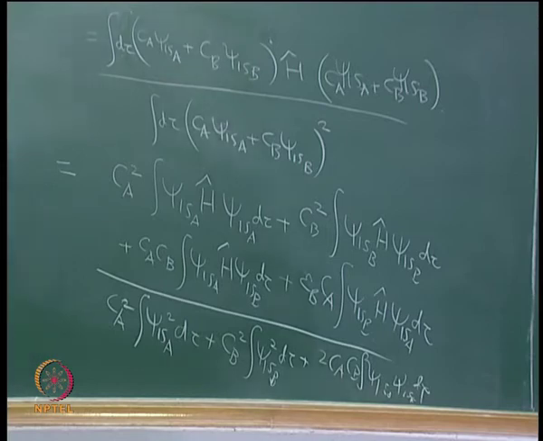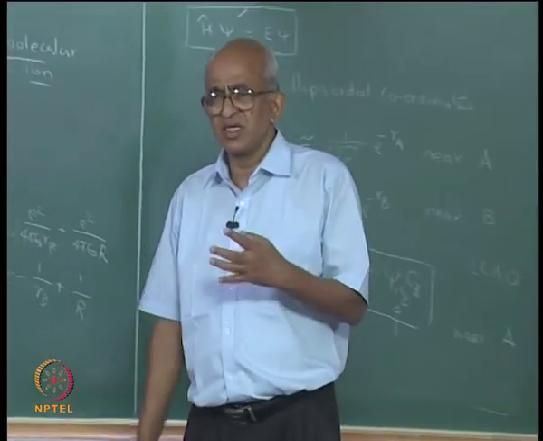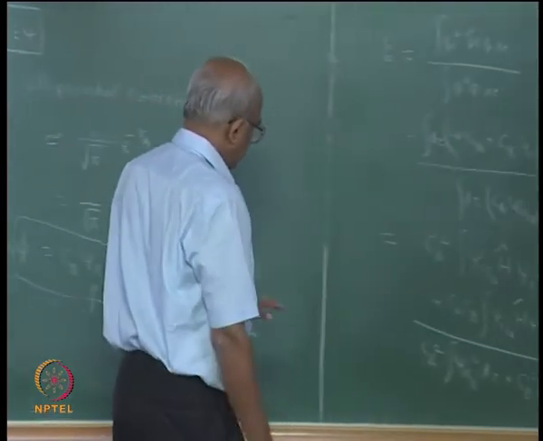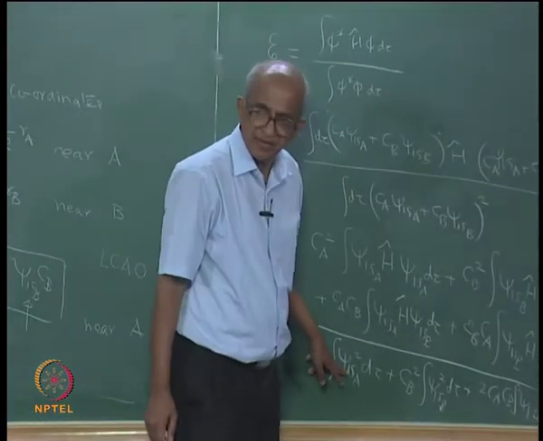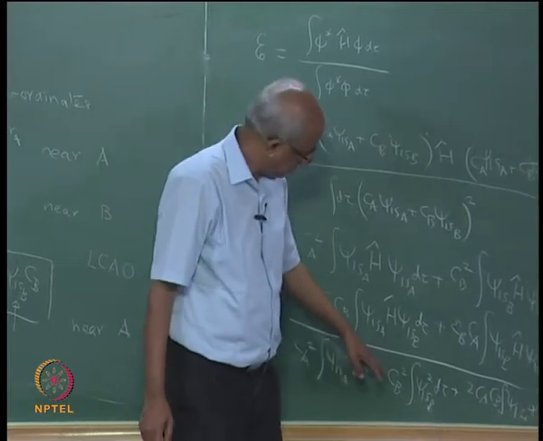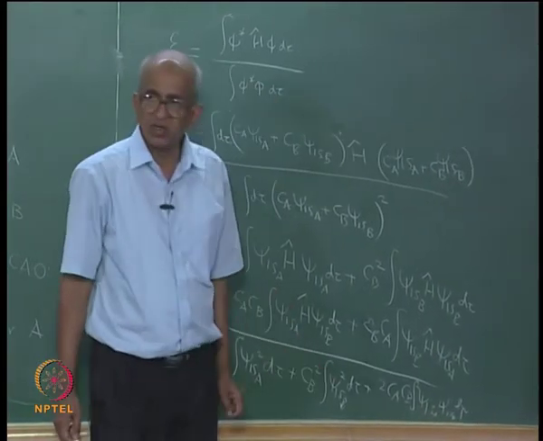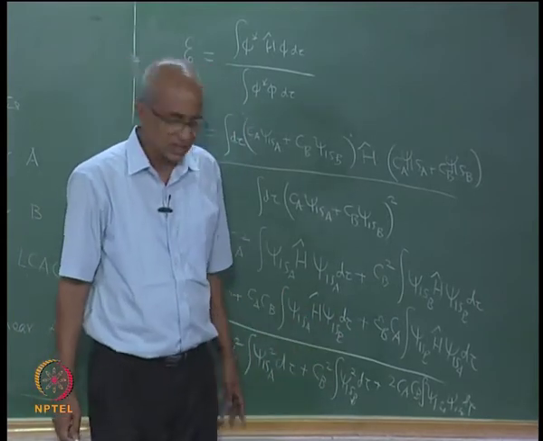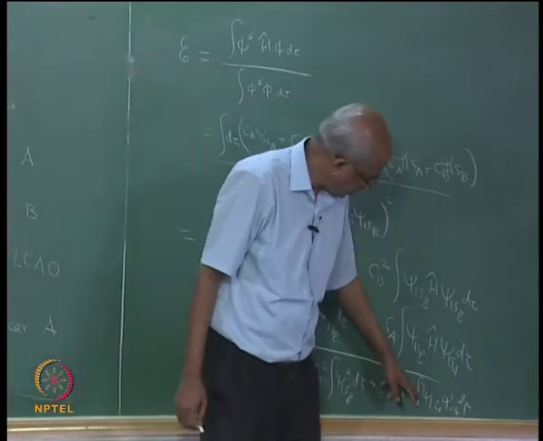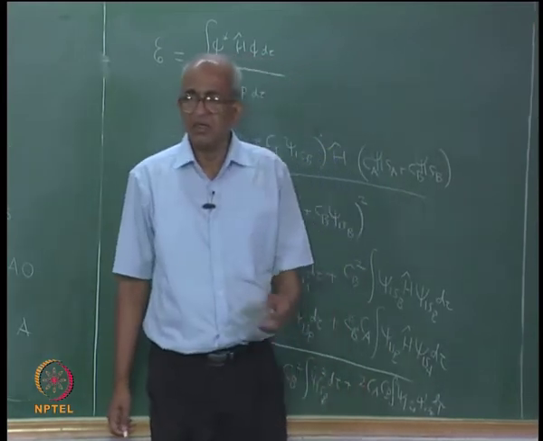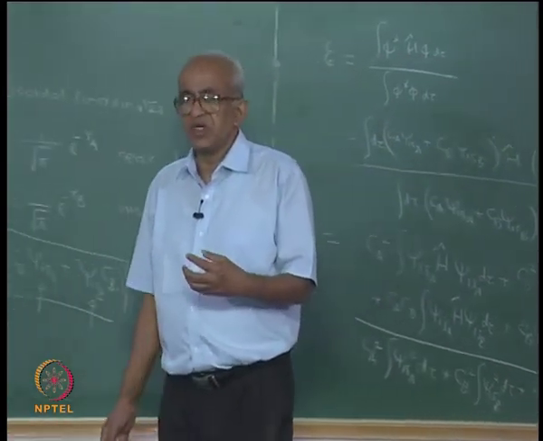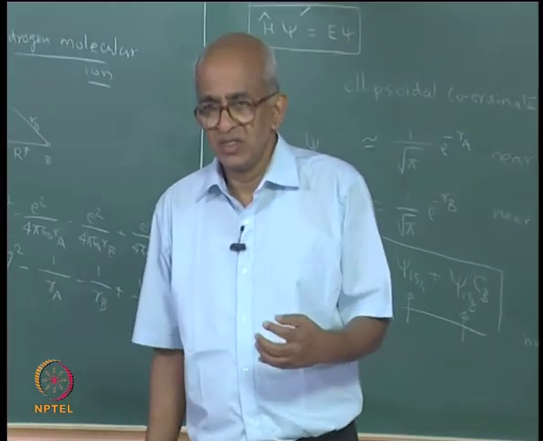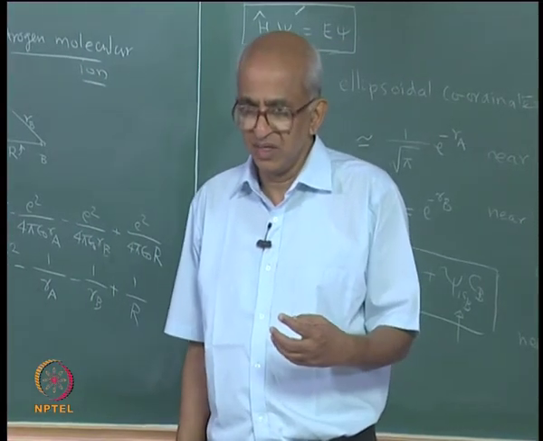Now if you look at it, psi 1s a is a function that is normalized. So immediately I can say that this integral must be equal to 1, and similarly this integral must also be equal to 1 because psi 1s b is normalized. But if you think of psi 1s a into psi 1s b, you might be tempted to say that that is equal to 0, but it is not. The reason is very simple.